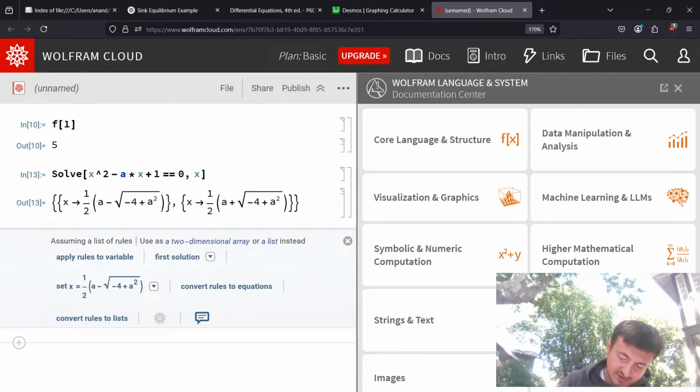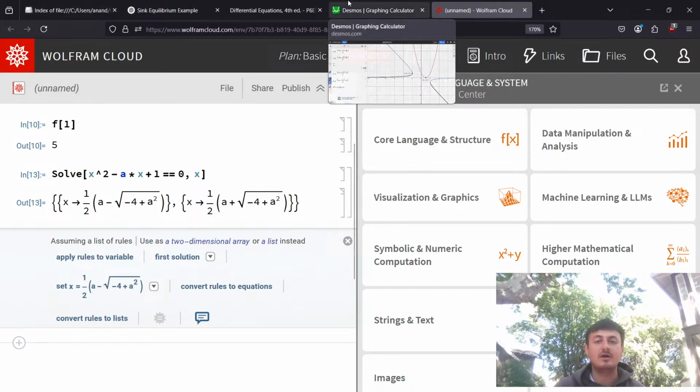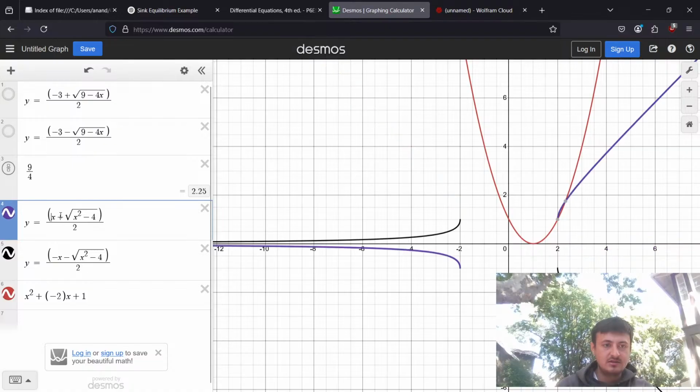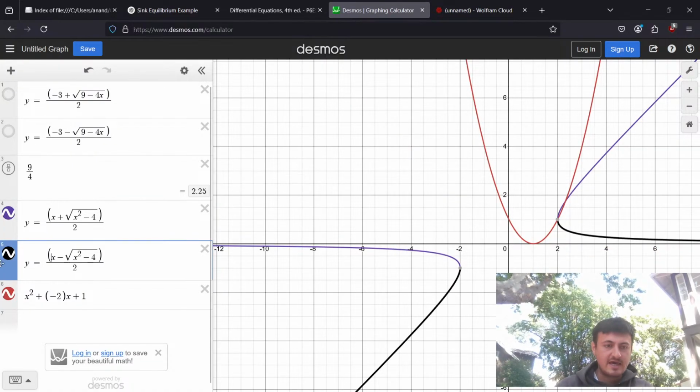So let's just pick minus 2. So we're going to get y is equal to minus 2 plus 0 over 2, which is equal to minus 1. So we have actually a equal to minus 2, y equal to minus 1. So it's flipped. So I flipped it. So what this needs to be is like that.